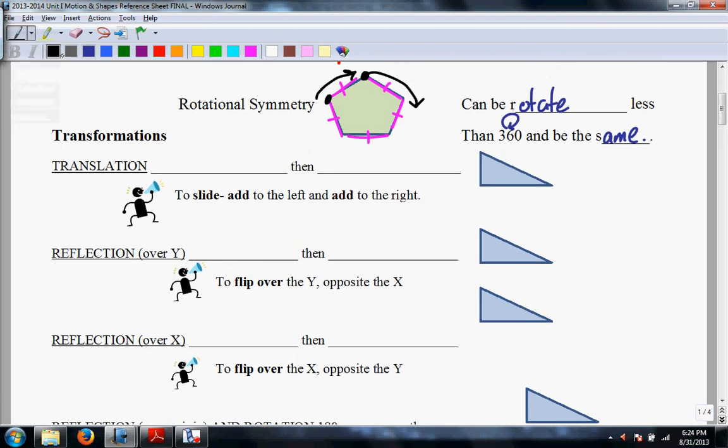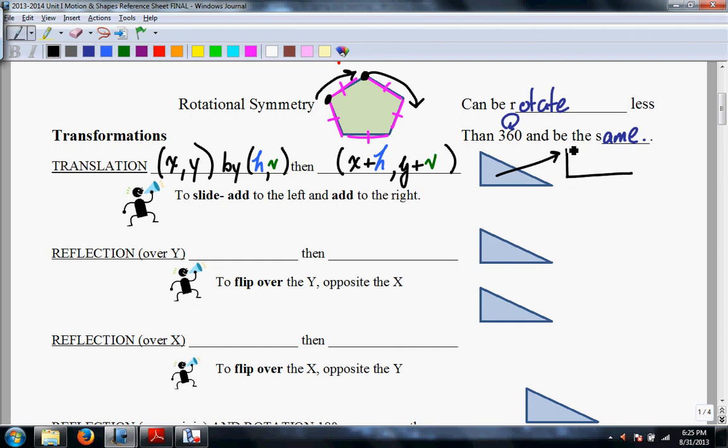If you have an x-coordinate and a y-coordinate, and you translate it, or slide it, by a horizontal and a vertical value, the resulting coordinates are just the x-coordinate plus the horizontal value, and the y-coordinate plus the vertical value. That's if you want to slide. That's called translation.